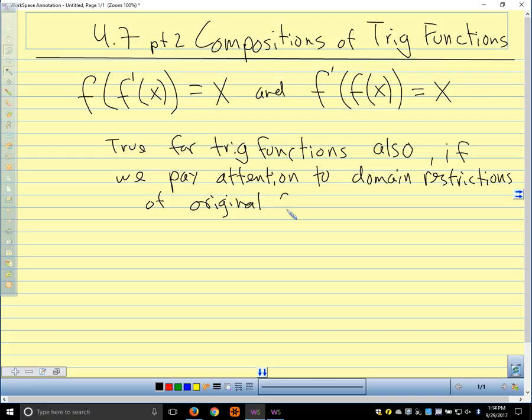When we constructed our inverse functions for inverse sine, cosine, and tangent, we had to restrict the domain of those functions in order for them to have an inverse. As long as we pay attention to those domain restrictions, we can say the function and its inverse undo each other. But they have to undo each other within those domain restrictions.